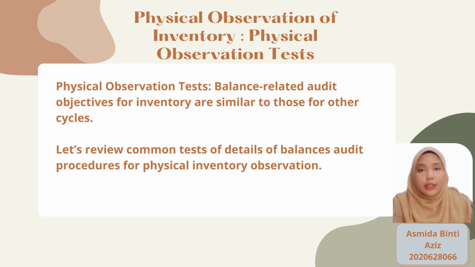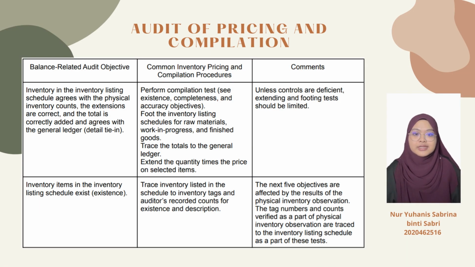Balance-related audit objectives for inventory are similar to those for other cycles. So, let's review common tests of details of balance audit procedures for physical inventory observation. The first balance-related audit objective is that inventory in the inventory listing schedule agrees with the physical inventory counts, the extensions are correct, and the total is correctly added and agrees with the general ledger, which is detail tie-in.